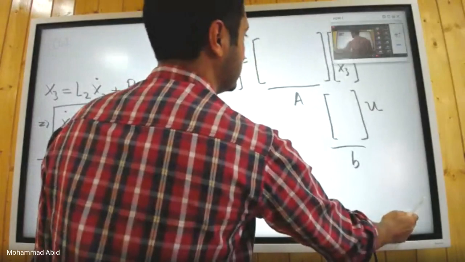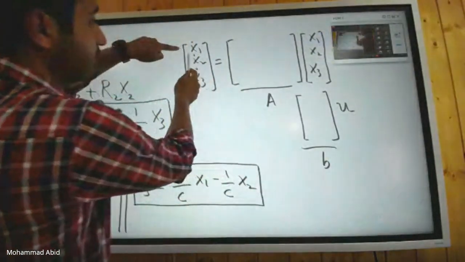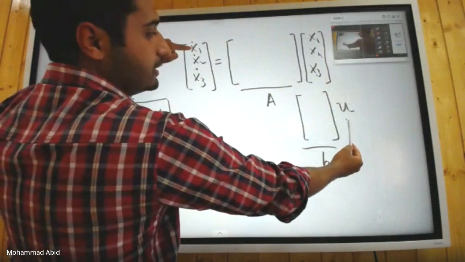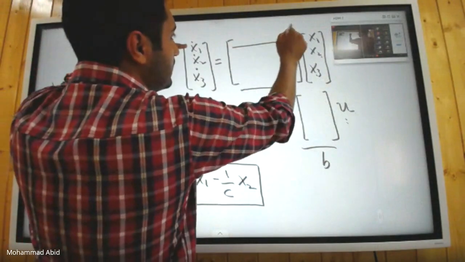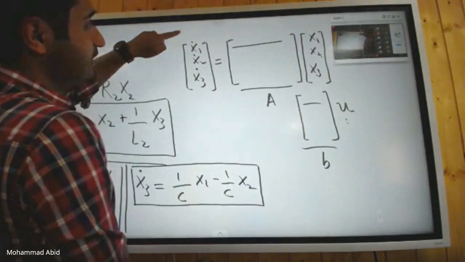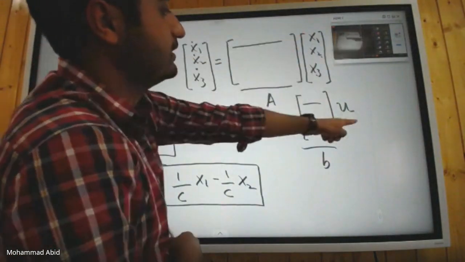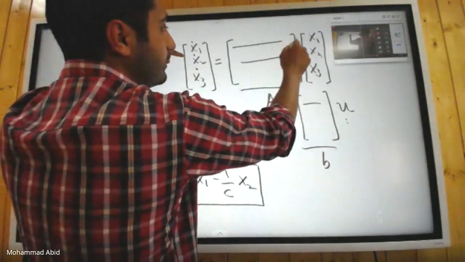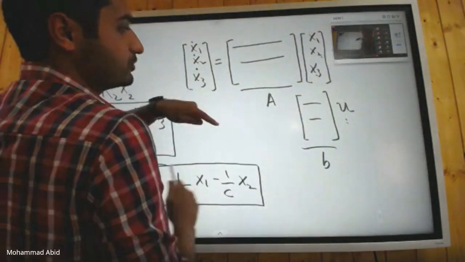So what's the equation for x1 dot? The x1 dot has some relation with x1, x2, x3 and U, and that's what we'll be getting here. Similarly, the term corresponding to x2 dot will come here and so on.